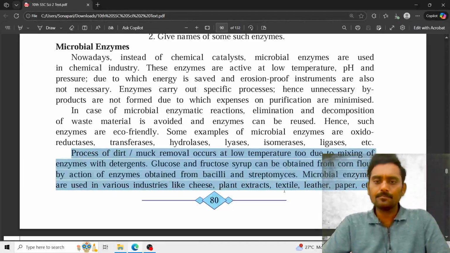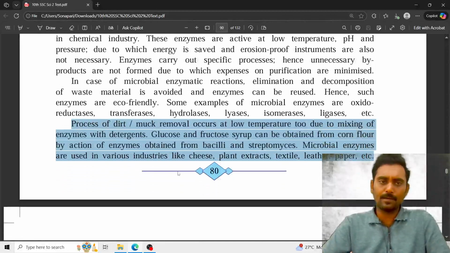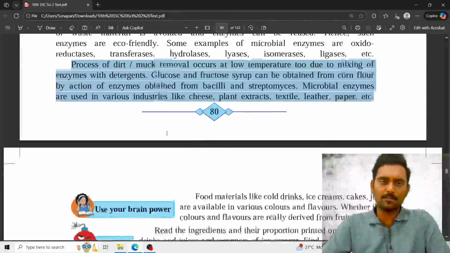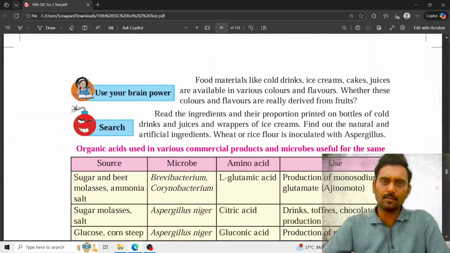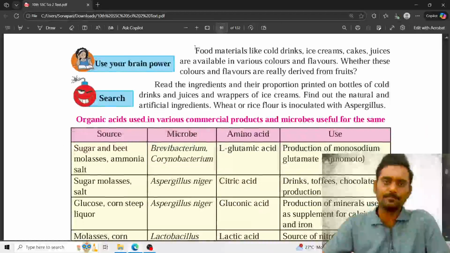Okay, for the making of paper, some microbial enzymes are used to enhance the quality, to improve the raw material, yes sir, to improve the product material.